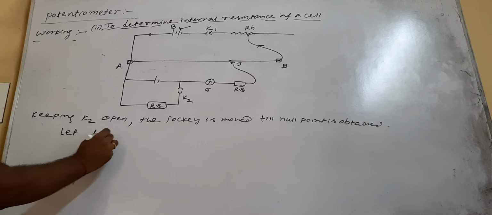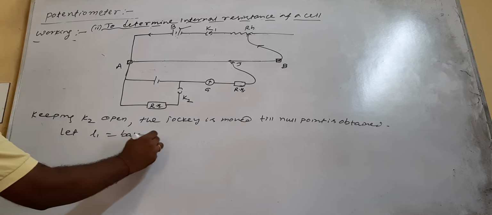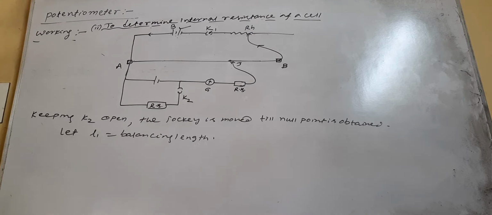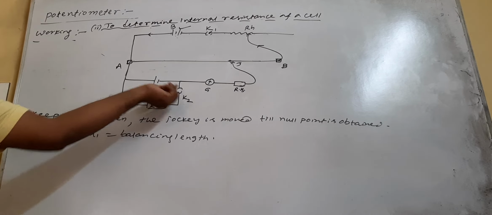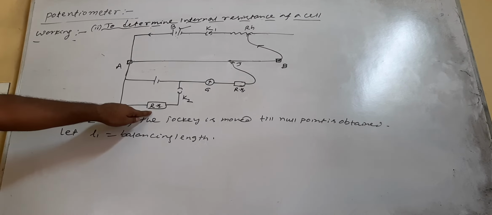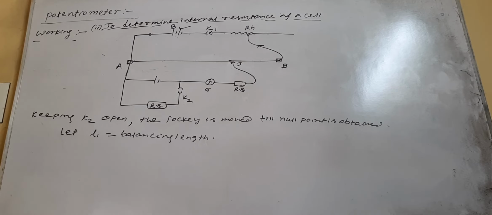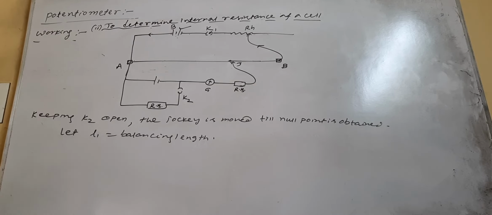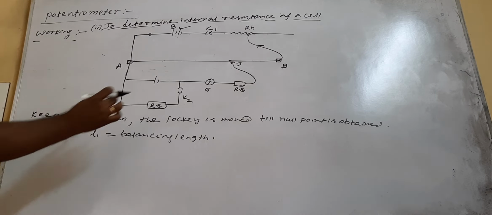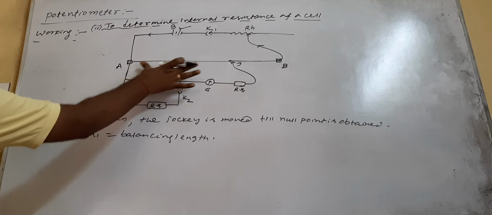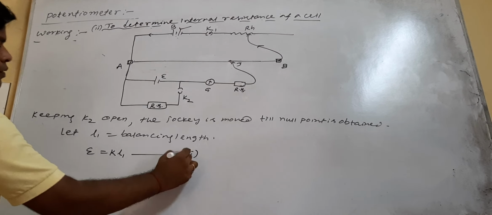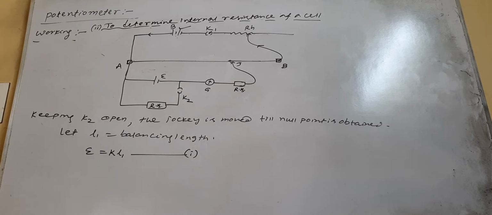Let L1 be the balancing length. You see here, when K2 is open, this resistance box is out of the circuit. Only the cell is connected to the circuit. As discussed earlier, this EMF E will be KL1. Equation 1.